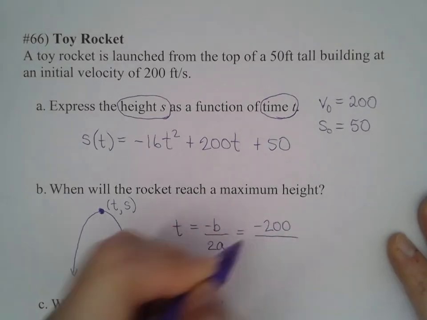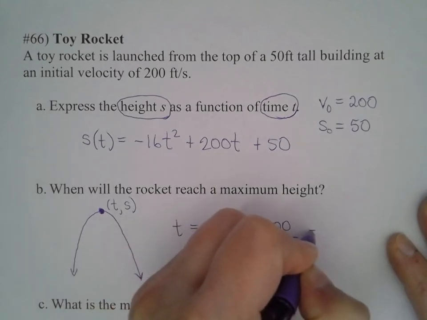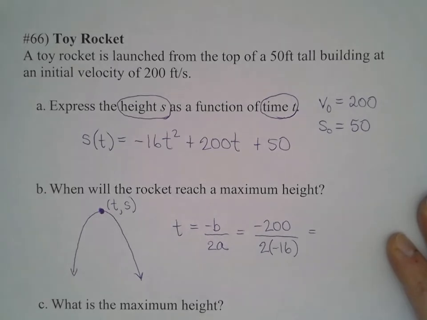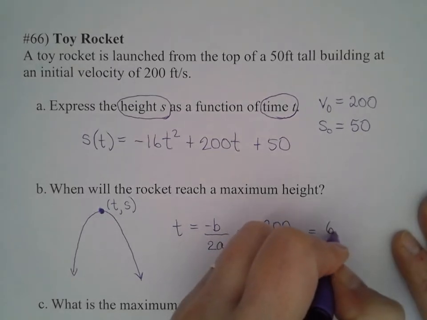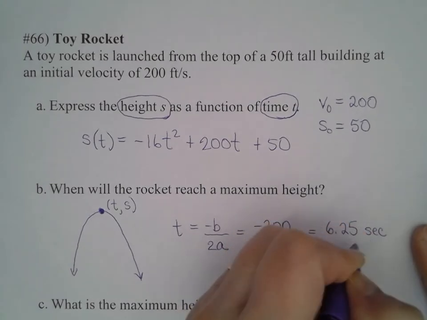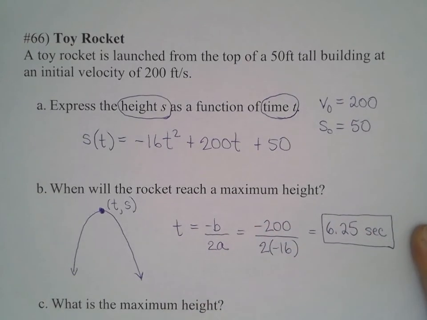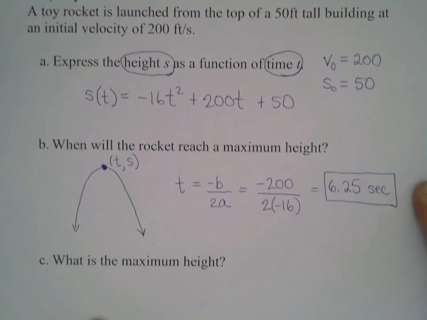Okay, so this would be negative 200 over 2 times negative 16. If we punch that into our calculator, it should come out to 6.25 seconds.